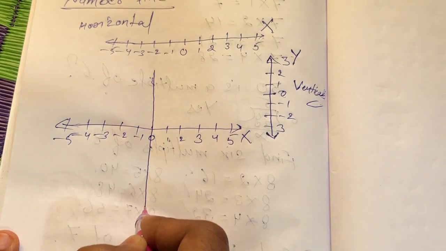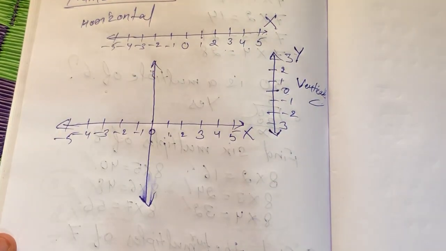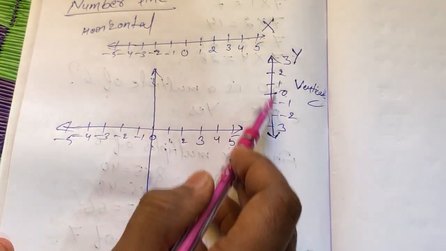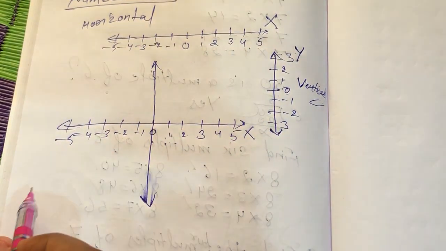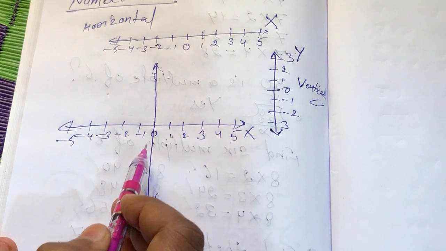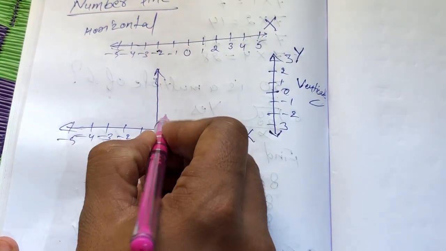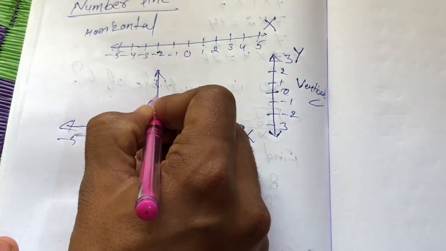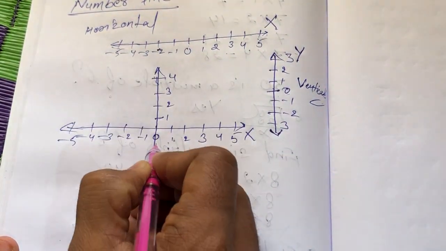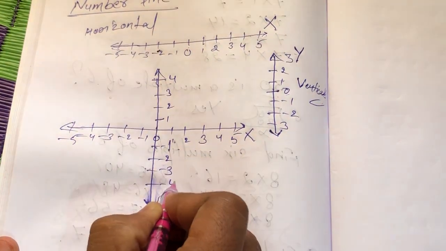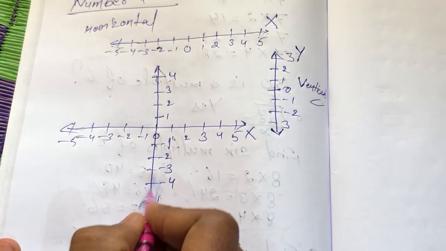See, I have combined both the lines. Here we have a single horizontal line and a vertical line. Now what I have done is made them intersect at the 0 point. Then 1, 2, 3, 4, -1, -2, -3, -4. Like this you can write the numbers.